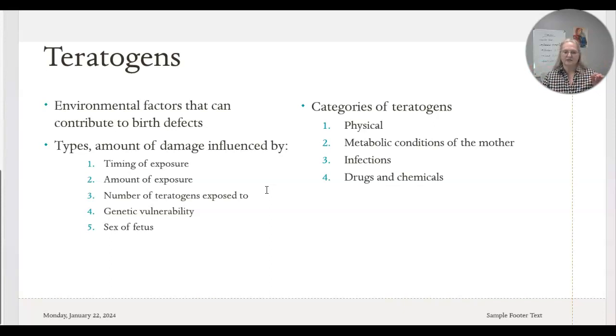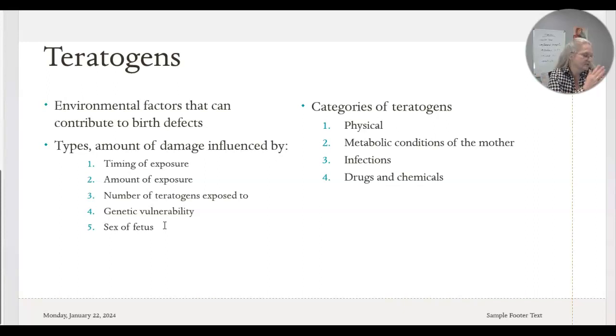If a mother is more genetically susceptible to becoming ill from the teratogen, then that will also influence the development. And then, of course, the sex of the fetus. As we talked about earlier in this chapter with the X and the Y being smaller, carrying less information, males are more likely to experience the ill effects of the teratogens.